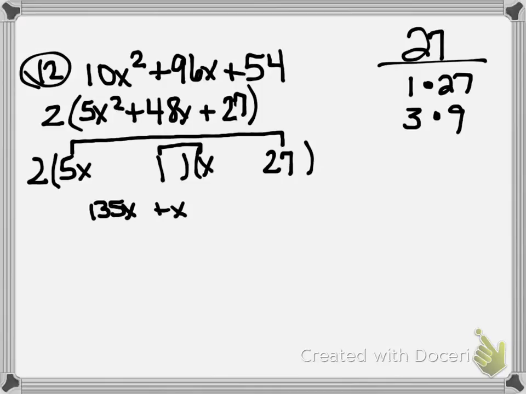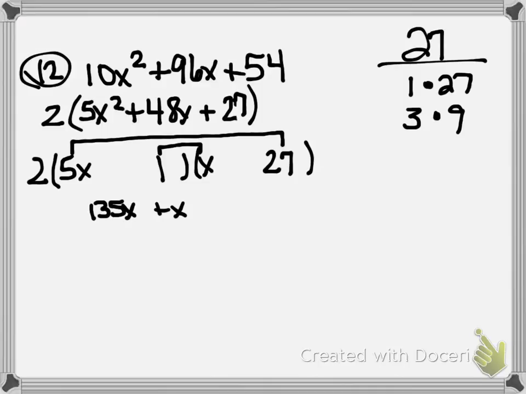Now, if you notice, I'm ignoring these outer terms right now, because I know already 5x times x gives me my first term, and I know 27 times 1 gives me my last term. So I don't really need to consider those possibilities. All I care about are the outside pieces and the inside pieces, because their products combine to give me this middle term, remember?